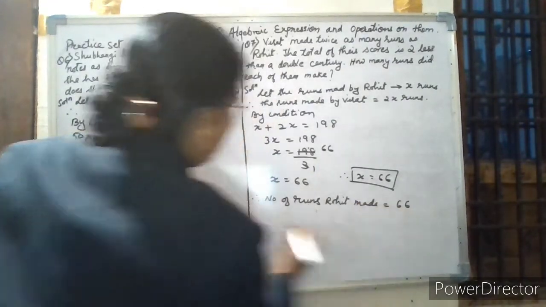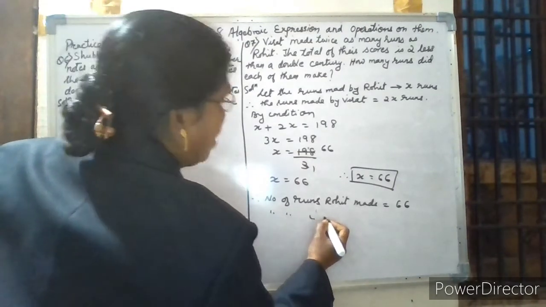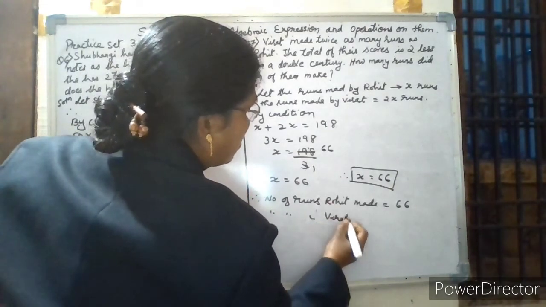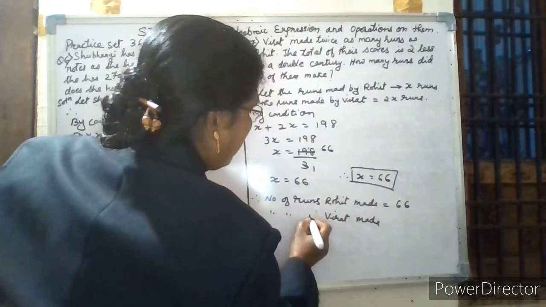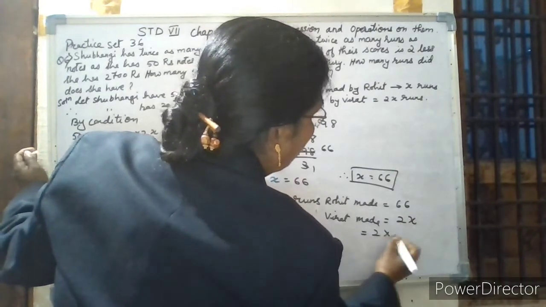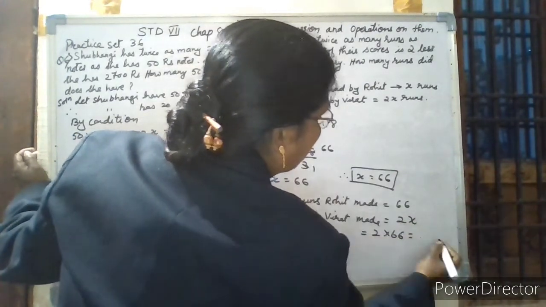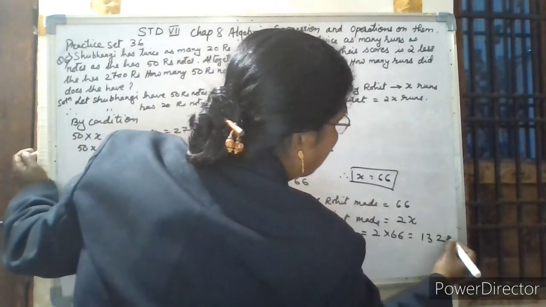The number of runs Virat made is equal to 2x, that is 2 into 66, that is equal to 132 runs.